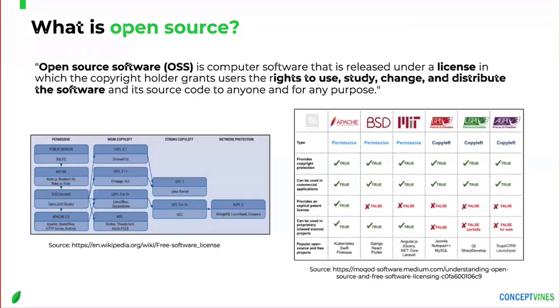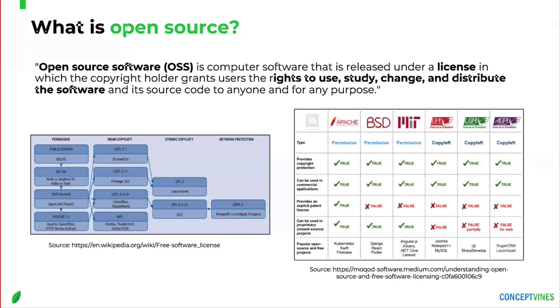Now, when it comes to open source, I just want to define what it means and also set things a little bit in context. Fundamentally, it's about the ability for us engineers to view the source code, study it, change it, and also distribute it as we see fit. The freedom to do that is what we essentially call open source.